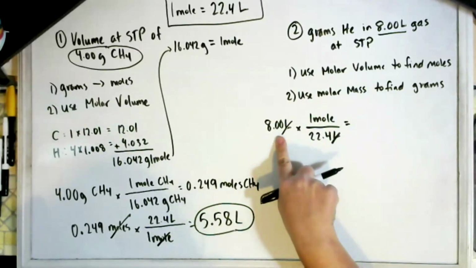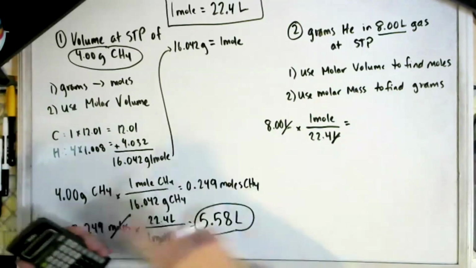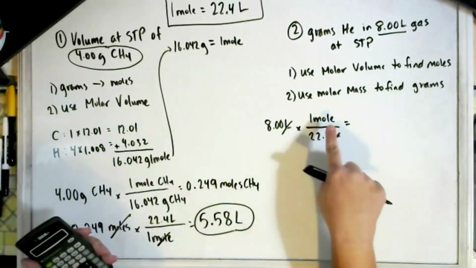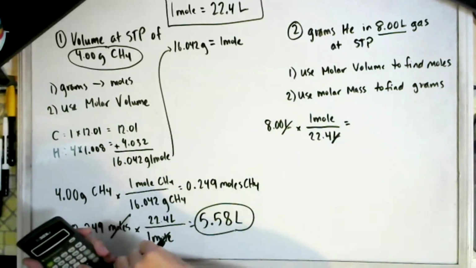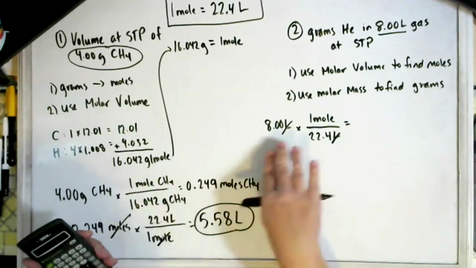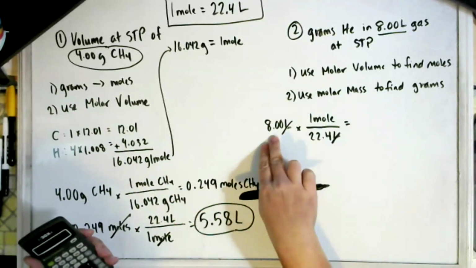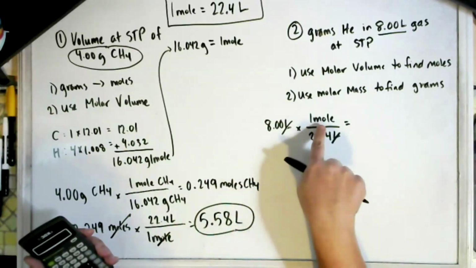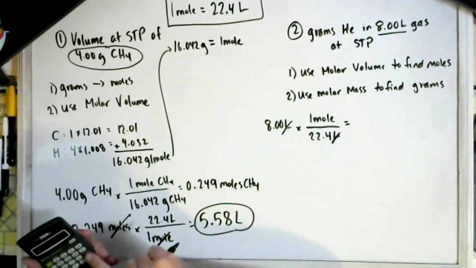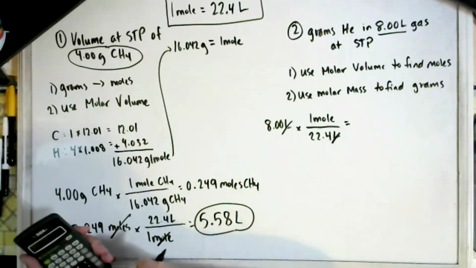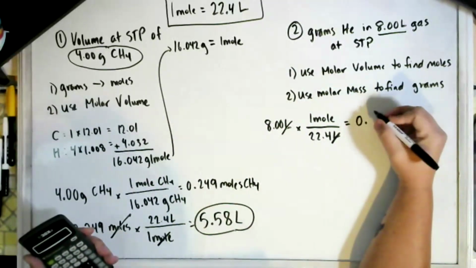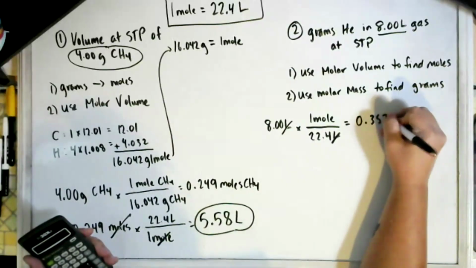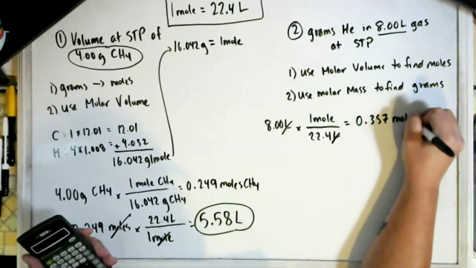So if I have 8 liters of volume and I know that 22.4 liters is for 1 mole, I can already tell that I'm looking at fewer moles than 1. So my sample is only going to be 0.357 moles.